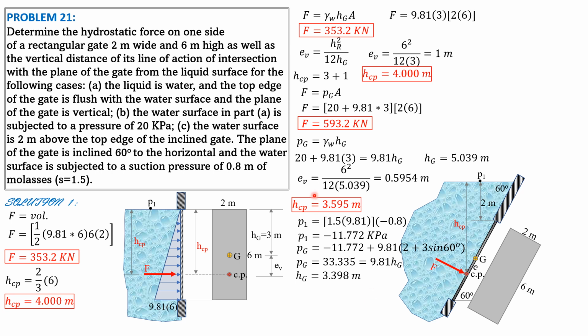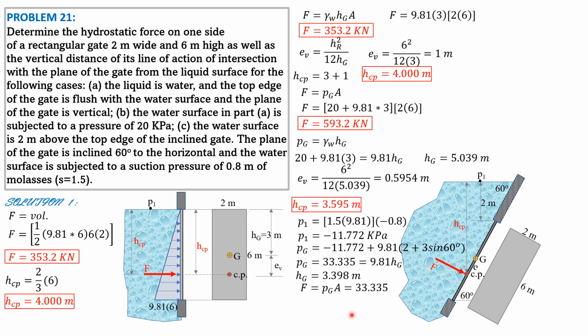Then we can now solve E. The formula is varied by multiplying sine of theta, where theta is 60 degrees. And E is not the vertical distance between G and Cp, but rather the distance along the plane of the gate.